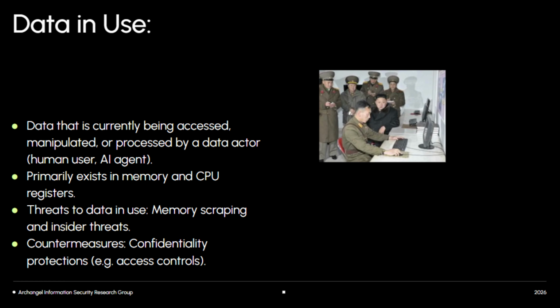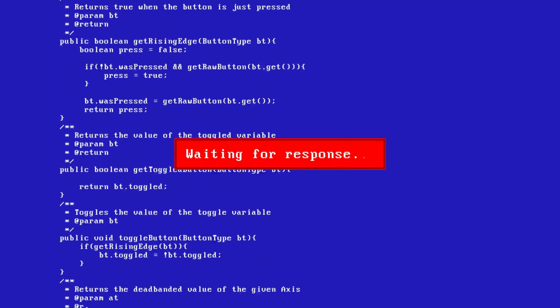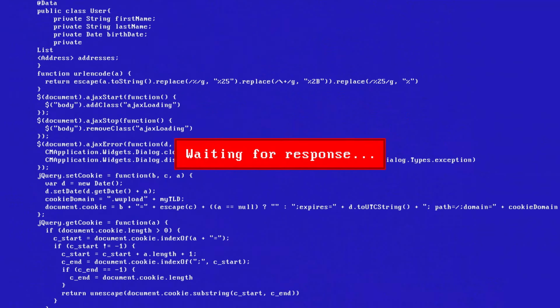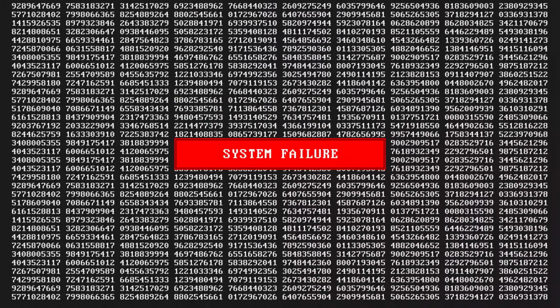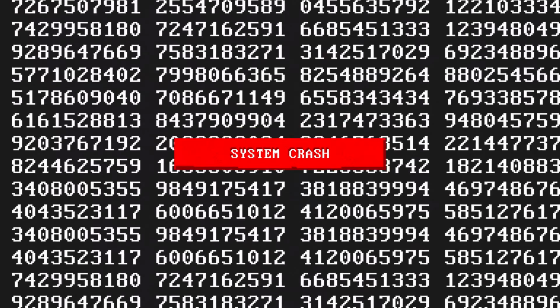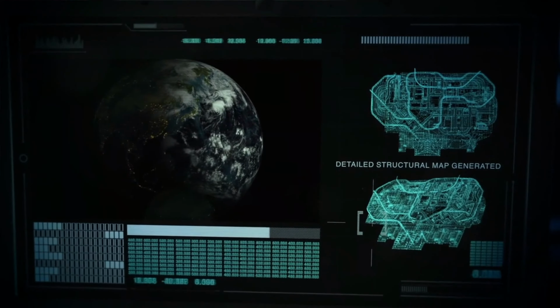Because the data is actively available to the system, it becomes vulnerable to several threats. Some common threats include memory scraping attacks, where malware attempts to capture sensitive information directly from memory, or insider threats, where authorized users misuse their access to view or steal data.